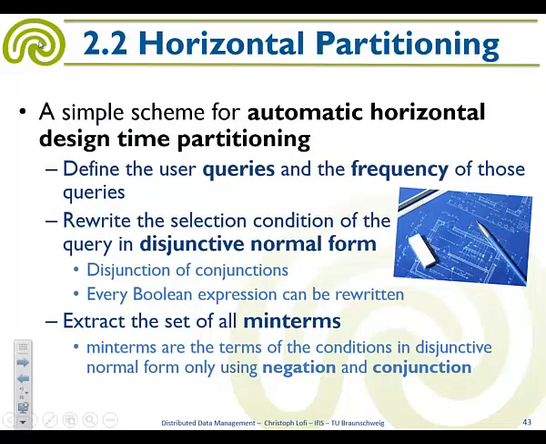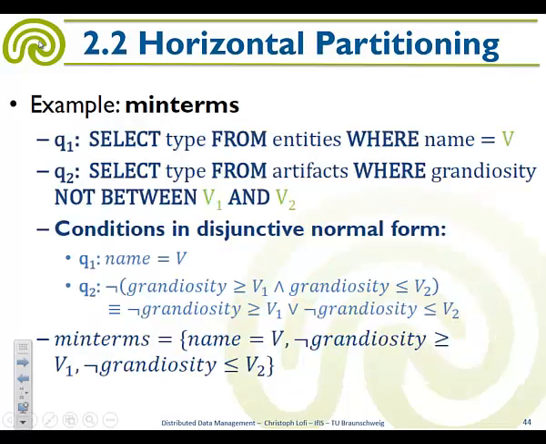Good. During design time, simple techniques for doing it use attributes and predicates of your table. So for example, what you could do is you take your table. So this is, for example, the table we have seen before, with artifacts which have a certain level of grandiosity.